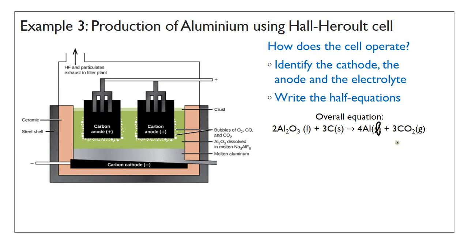So if this is the overall equation, the question is, can you write the half equation? I hope you can, and if you don't know where to start, you really want to just start by finding oxidation numbers to know what is oxidized, what is reduced.